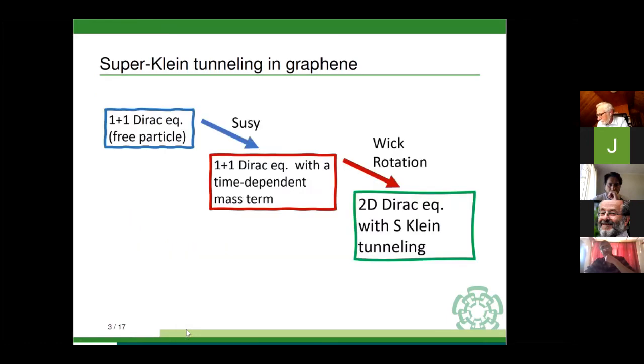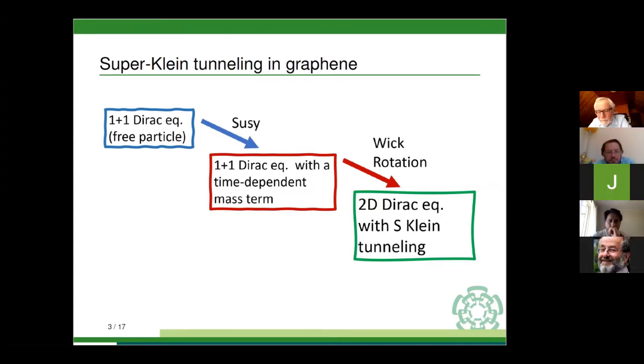So the content of this talk is the following. First of all, I'm going to start with a time-dependent Dirac equation in one dimension, and I'm going to use the free particle. Later, we perform a SUSY transformation to create a time-dependent Dirac equation with a time-dependent mass term.